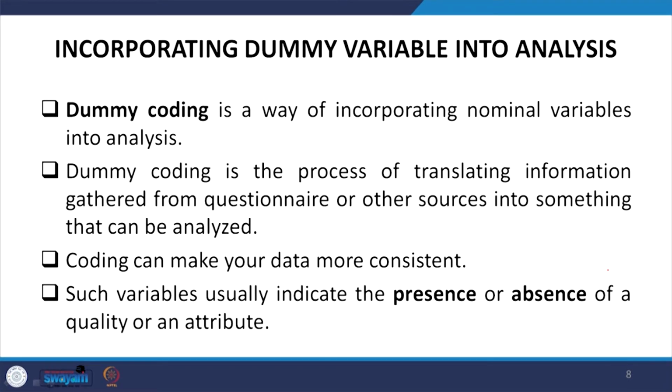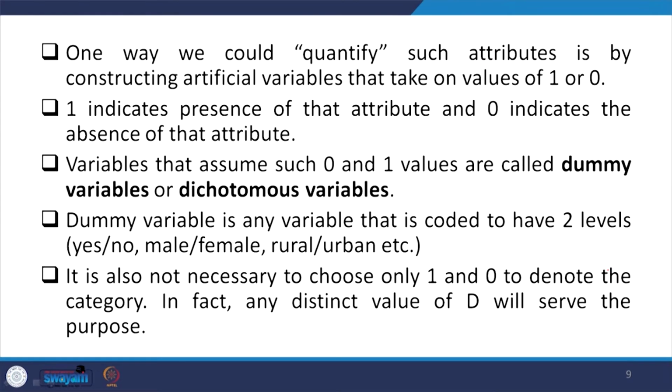Dummy coding is the process of translating information gathered from questionnaires or other sources into something that can be analyzed. Coding can make your data more consistent. Such variables usually indicate the presence or absence of a quality or an attribute.